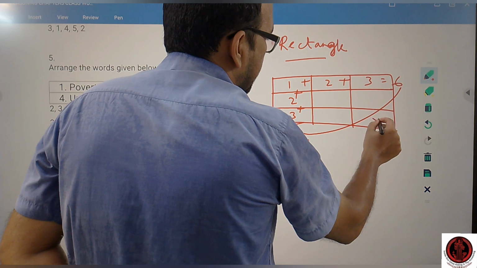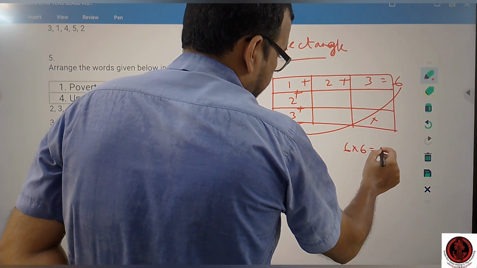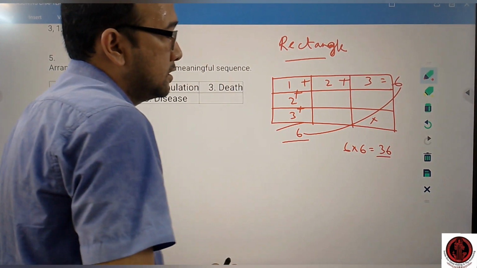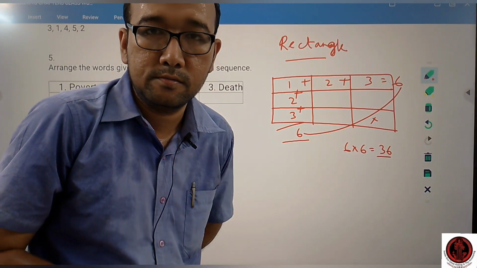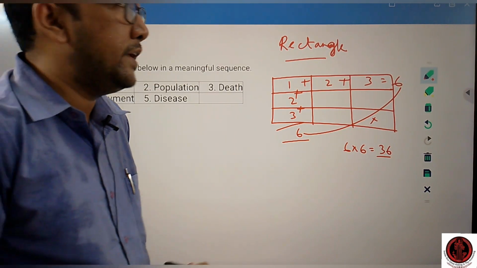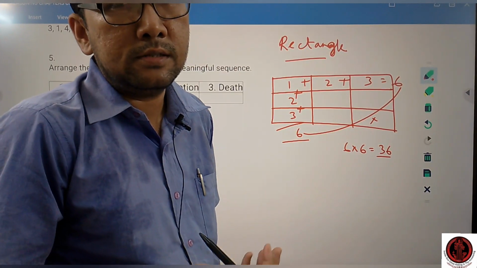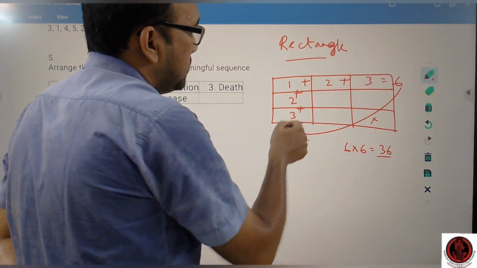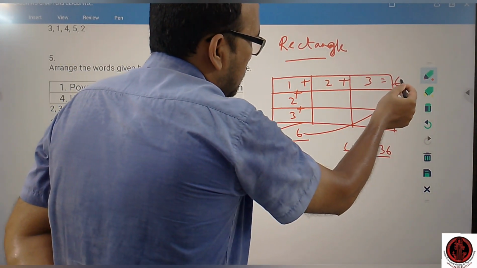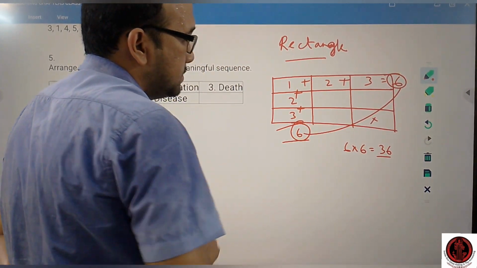Now just multiply. 6 into 6, 36. So 36 rectangles are there. That is the answer. So when you have to find the number of rectangles, first number the row and column, then add the row and column, and then multiply. Okay.